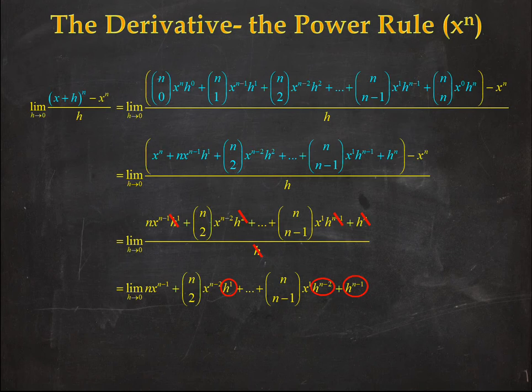So as I allow the h to go to 0, my expression simplifies to n times x to the n minus 1. This is the derivative of f of x, which equals x to the n, is just n times x to the n minus 1. The exponent goes in front of the x, and the exponent then is knocked down by 1 on the x.